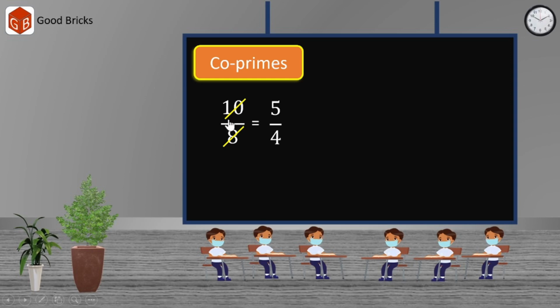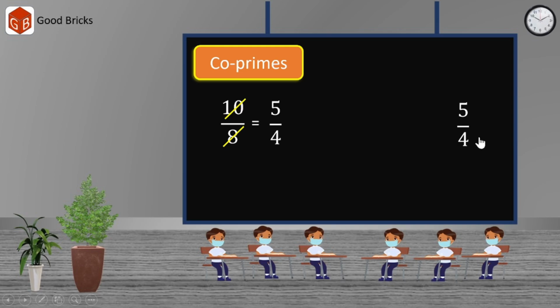Now, this 10 and 8 are not called coprime. Listen carefully. 10 and 8 are not called coprimes because other than 1, they have one more extra factor. What is that? 2. Whereas 5 by 4 cannot be divided with any other number except 1. Means both numerator and denominator can be divided by 1.